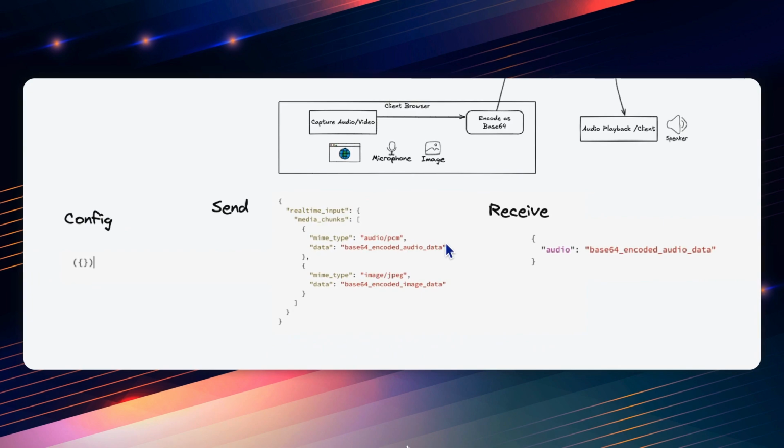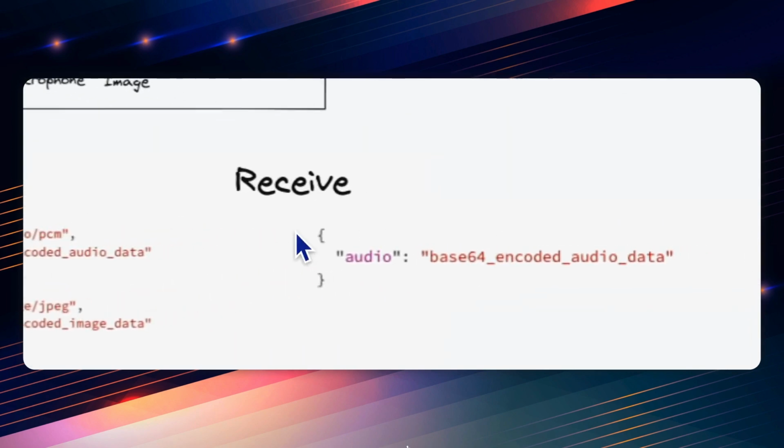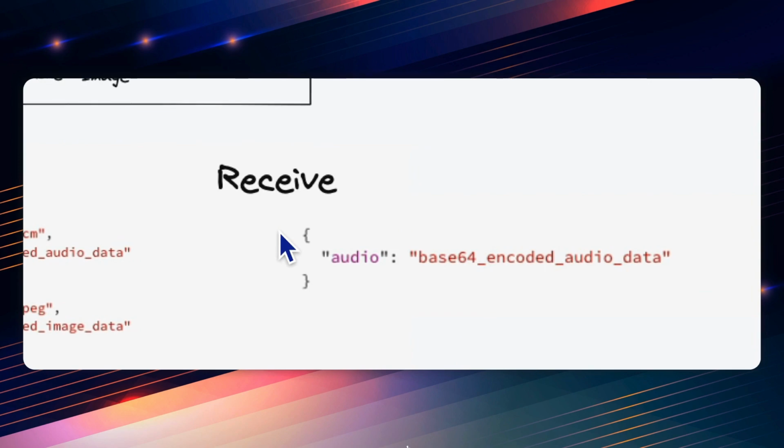Hertz sample rate. And then the receive API, that sends the audio data from server to client, only including one key, audio, with base64 encoded audio data, also 16-bit PCM.